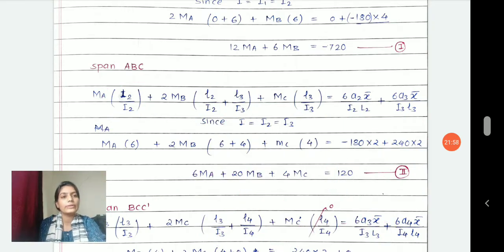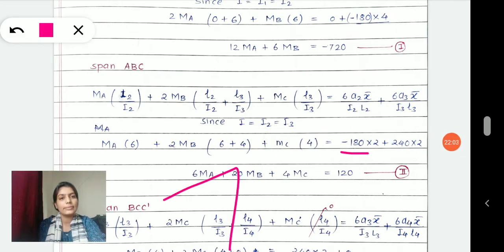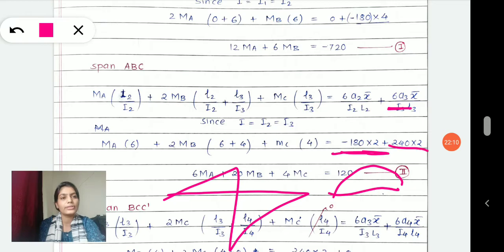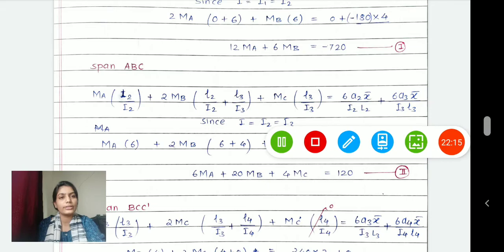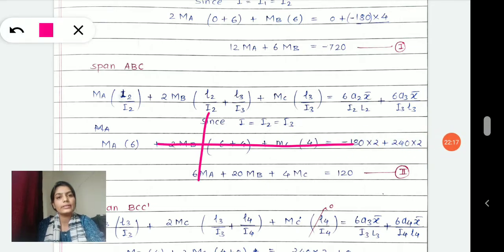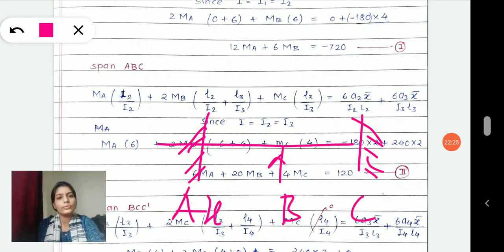Put the values of area. Area for this bending moment diagram was minus 180 into 2, and area for the next trapezoid parabolic shape is 240. Now look at the centroidal distances. x2 bar will be from A and x3 bar will be from C support.